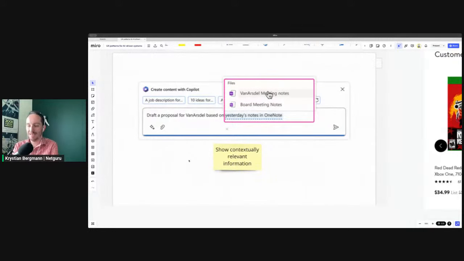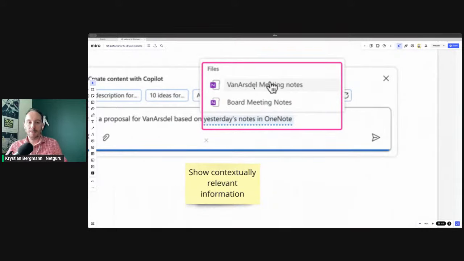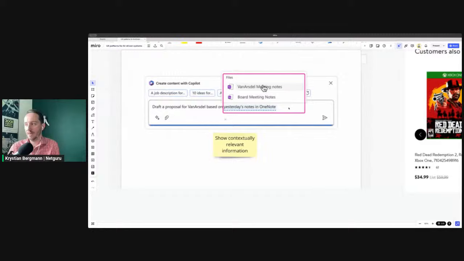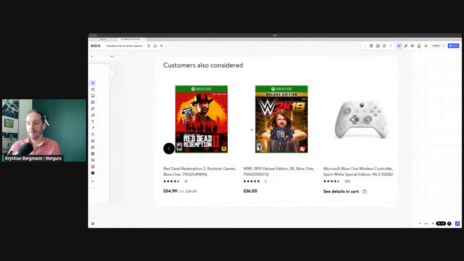So if there are yesterday's notes in OneNote, specifically here, then you may contextualize around this information and give the user the ability to choose the next link or next pattern, right? And this is even like in the recommender systems, you know it from e-commerce very well, right? Customers also considered, right?